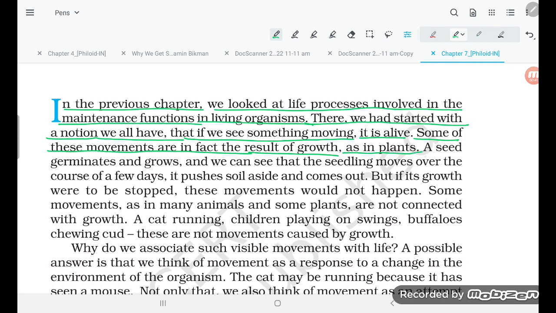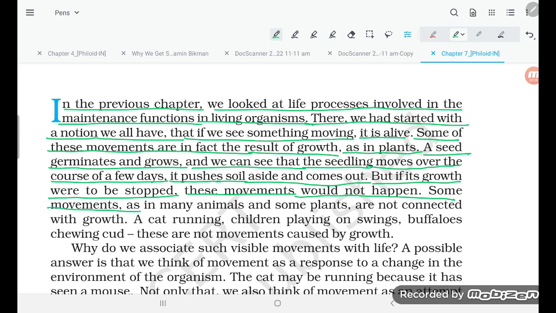As in plants, a seed germinates and grows, and we can see that the seedling moves over the course of a few days. It pushes soil aside and comes out. But if its growth were to be stopped, these movements would not happen.